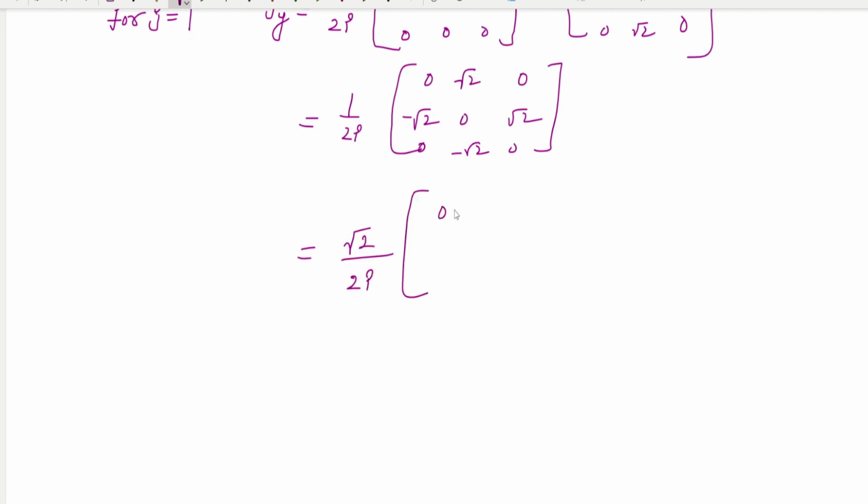Then this is the answer: 0, 1, 0; minus 1, 0, 1; 0, minus 1, 0. So this is Jy. If we try to simplify, we can write it like this, 1 divided by root 2i.